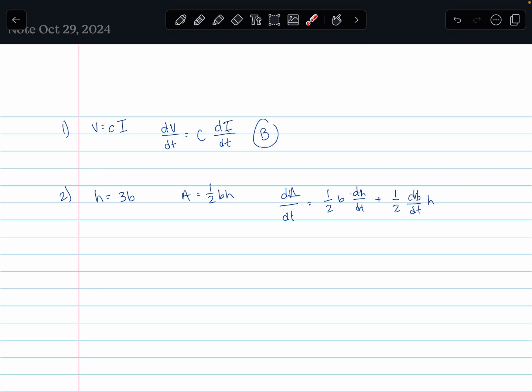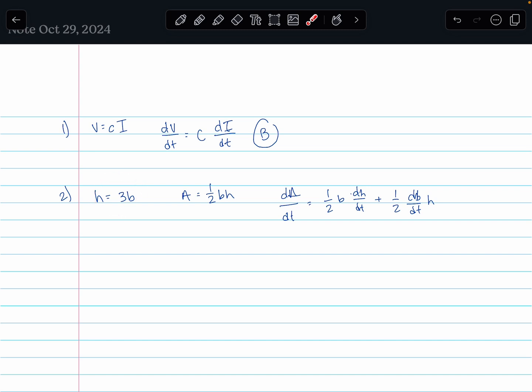And then the problem with this is, what's the question asking? Hold on. Which of the following gives the rate of change of the area with respect to time? All right, so if I'm looking at the answers here, so I know that the height is equal to 3 times the base, so we're not given any specifics about what the height is or what the base is, or at what specific time we're taking the derivatives.